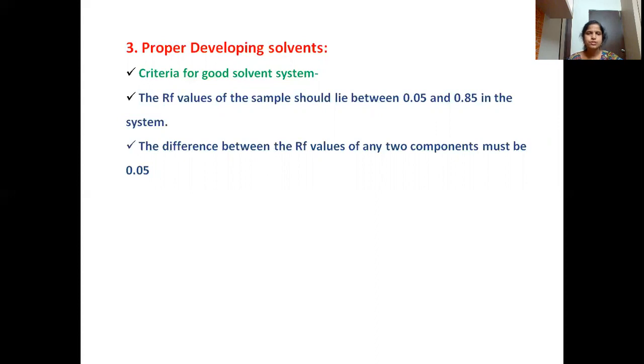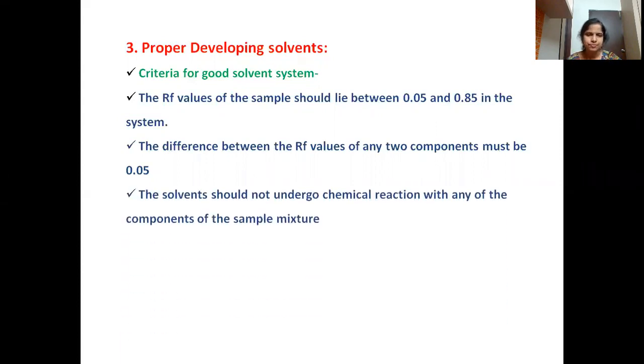If it is 0.05, then you can select that particular solvent as suitable for running paper chromatography. Suppose it is just 0.01, so the difference is very, very small. That means it is not a suitable solvent for running paper chromatography. So you have to take care of these two points while selecting the solvent system.